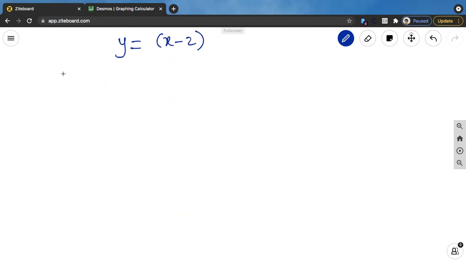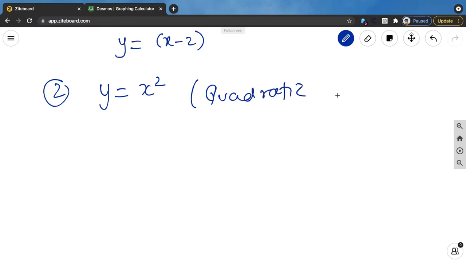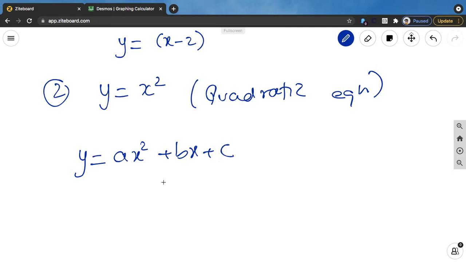The second kind of function that we all are familiar with is the quadratic function. So y = x² is a parent function, and every other transformation of quadratic is ax² + bx + c. So when I write ax² + bx + c, I'm including all types of transformation.